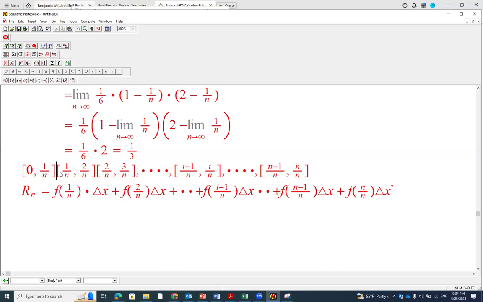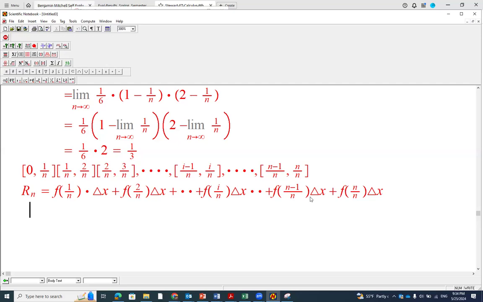For the second subinterval, this is the height, we use the right endpoints and multiply by the width. And for the ith one, we're going to use the right endpoint, and multiply by the width. The n minus 1 is this piece, there's one before this, and this is the nth one.